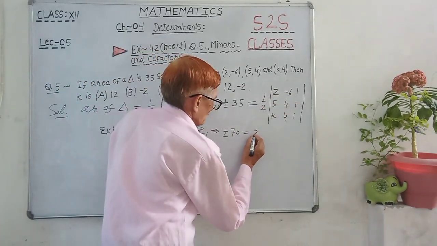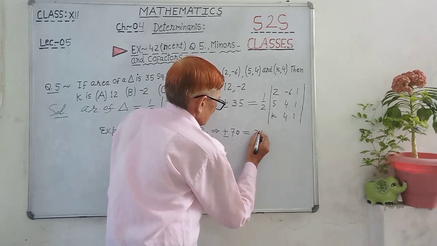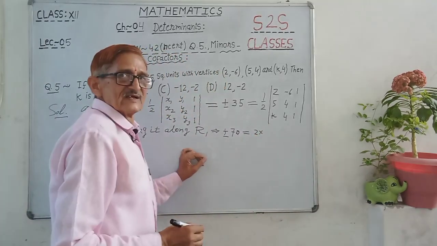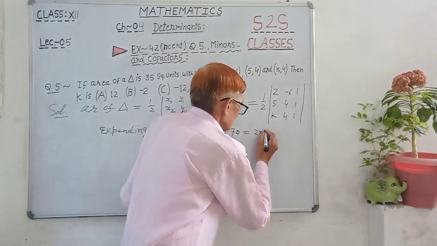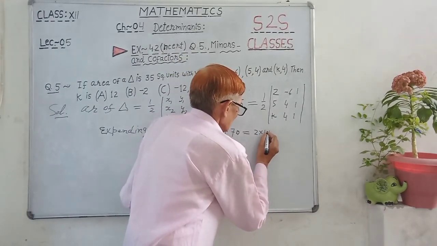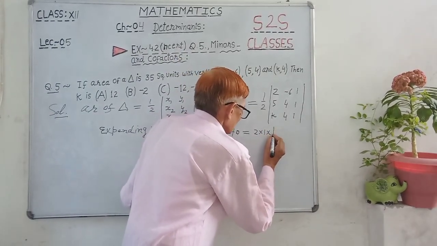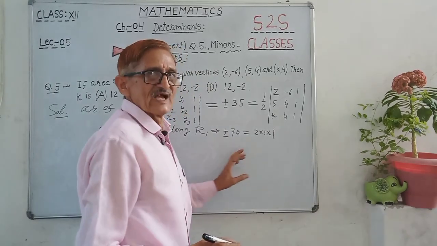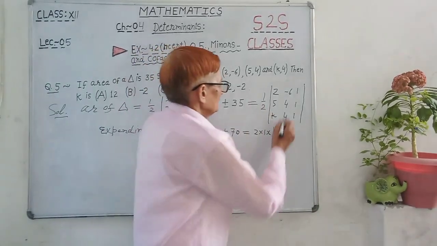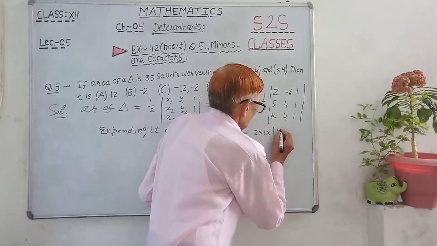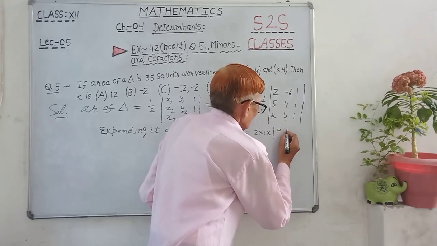Then 2 multiplied by A11: i plus j is even, so multiply by 1 and by the remaining determinant after cancelling the first row and first column. Then what is left here? 4 1.